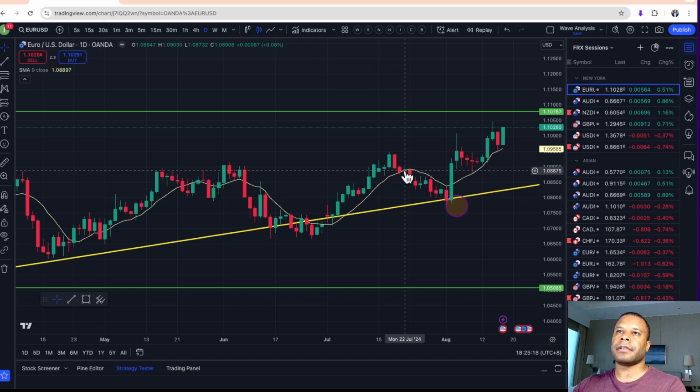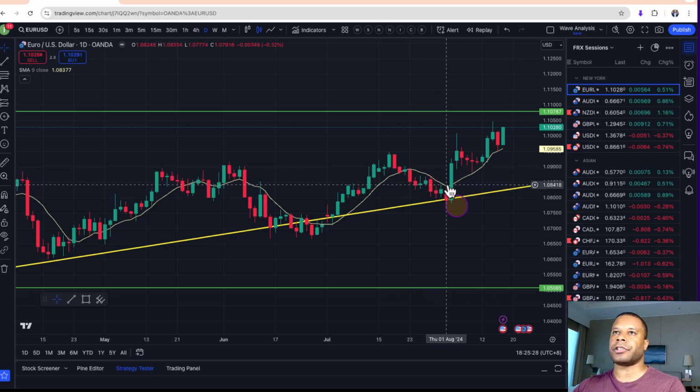That means these previous 9 candles show how the moving average was reacting. So it's taking the average of these 9 candles.